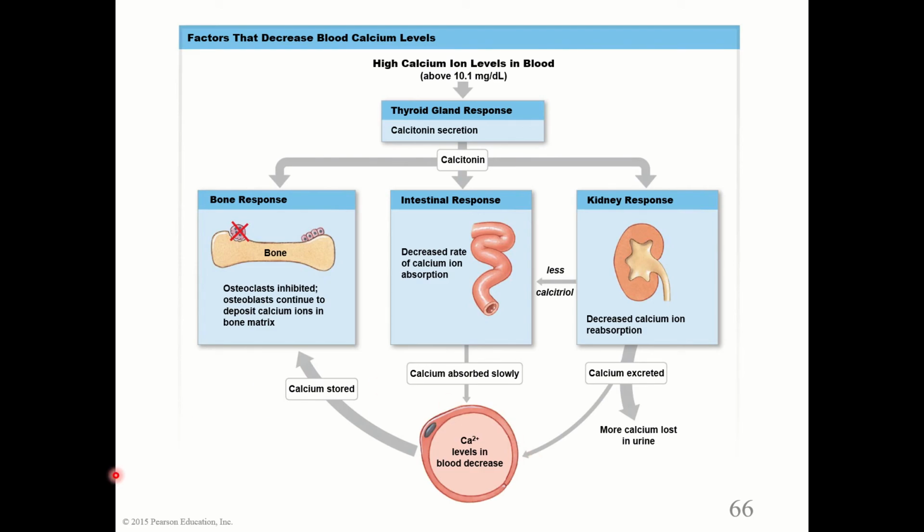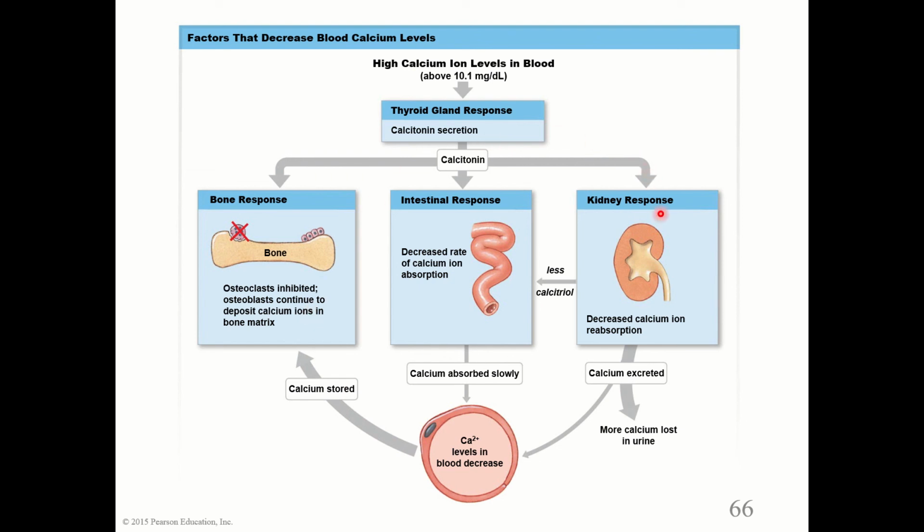This illustration shows when high calcium ion levels in the blood go above 10.1 milligrams per deciliter, negative feedback mechanisms will kick in. The thyroid gland will respond, particularly the C cells, by secreting calcitonin. Calcitonin will then inhibit osteoclasts and stimulate osteoblasts to deposit bone or calcium phosphate into the bone. Calcium blood levels will then decrease.